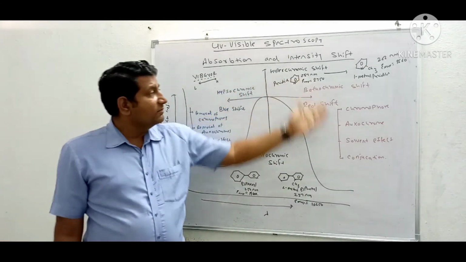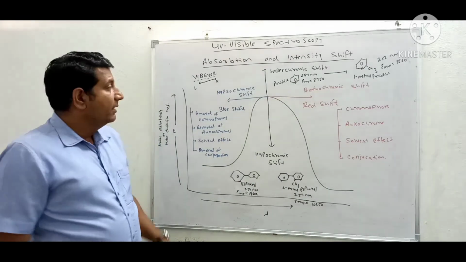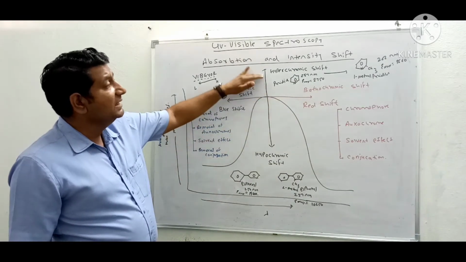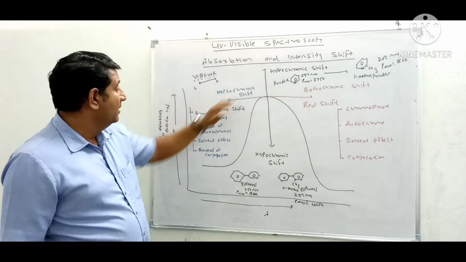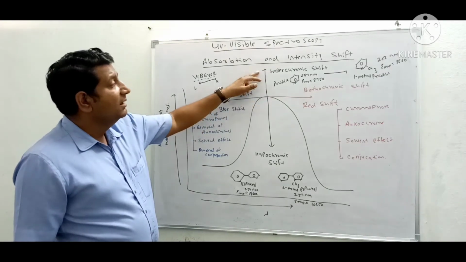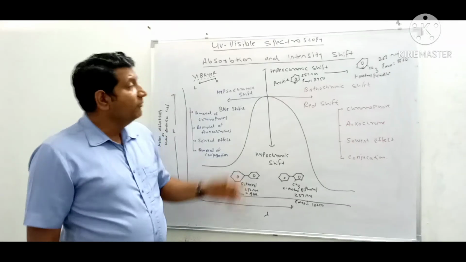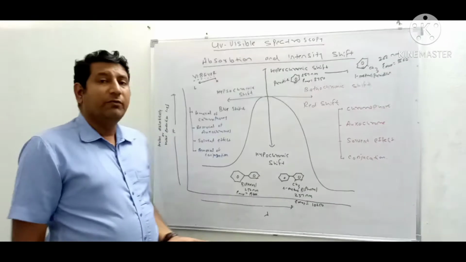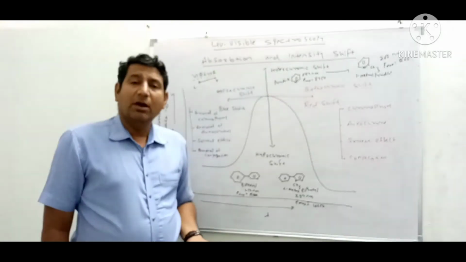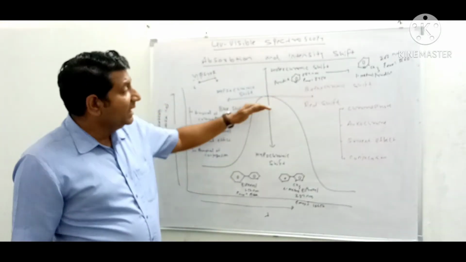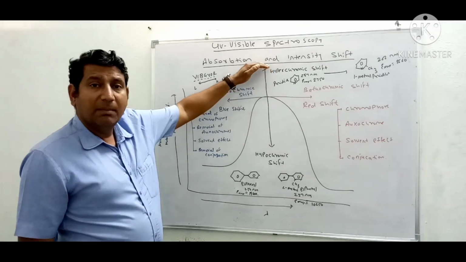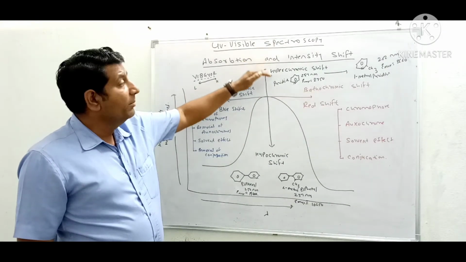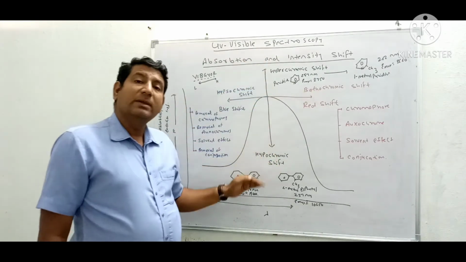Now let us discuss what is hyperchromic shift. Hyperchromic shift is an increase in the intensity of absorption, or an increase in the epsilon value. Epsilon value is the molar extinction coefficient or molar absorptivity of any compound. So any increase in molar absorptivity of that compound is known as hyperchromic shift. And what is hypochromic shift?